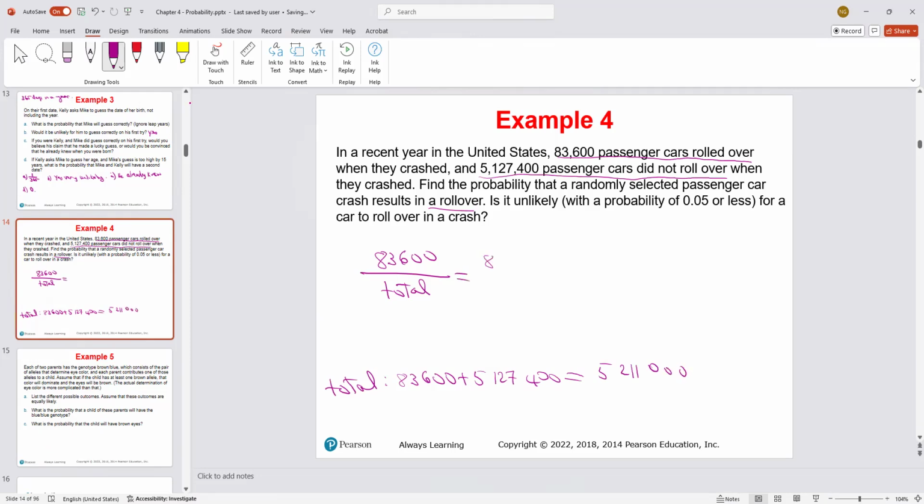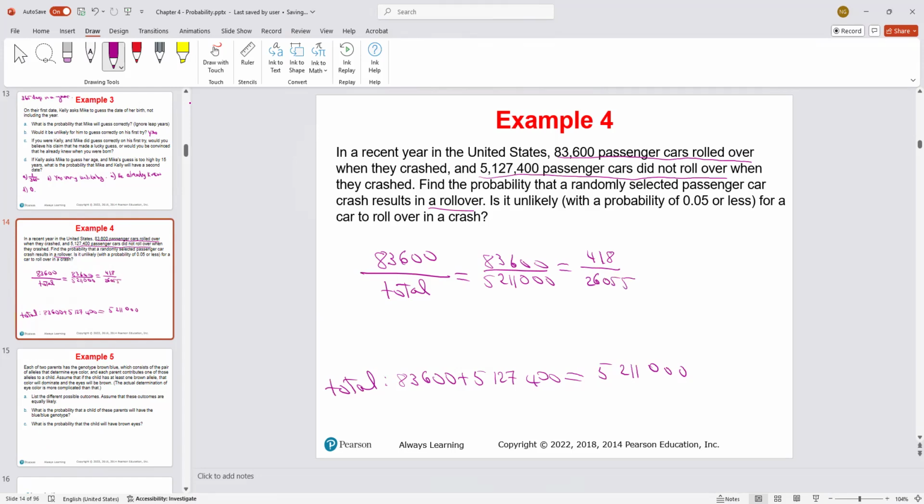So for us, it's 83,600 over 5,211,000. Now, we can also simplify. In simplest form, the fraction is 418 over 26,055.